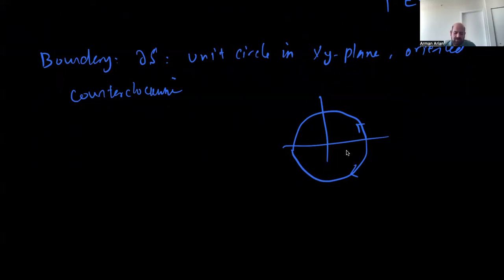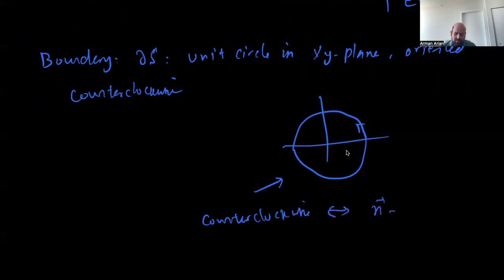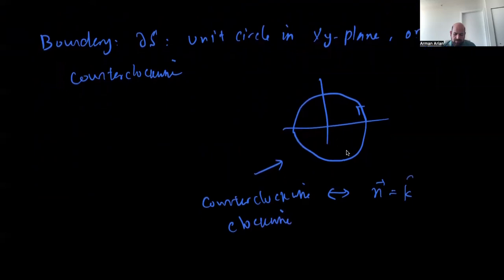So counterclockwise will correspond to the n vector of k, and clockwise corresponds to n vector of minus k.